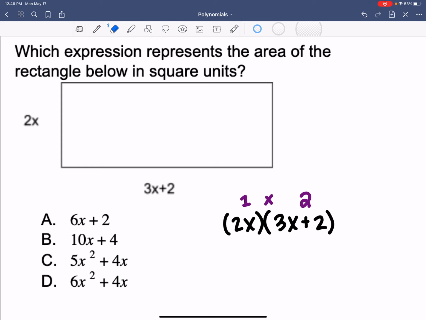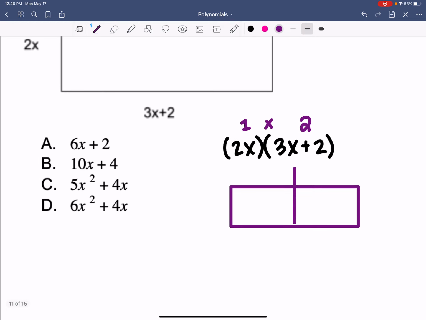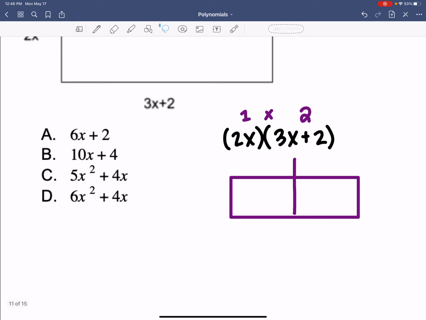We just need to create our box, which is going to be 1 across and 2 separated spaces. So we are going to put 2x on the left and 3x plus 2 on the top.